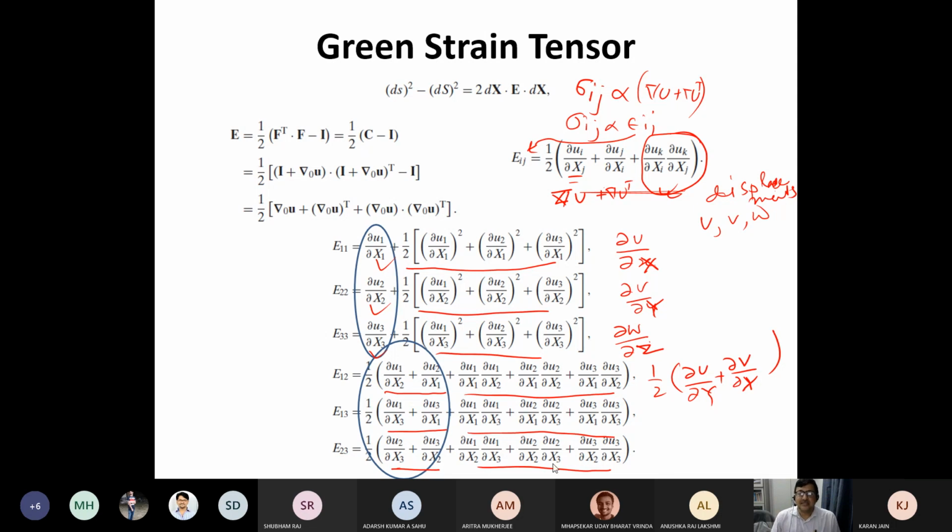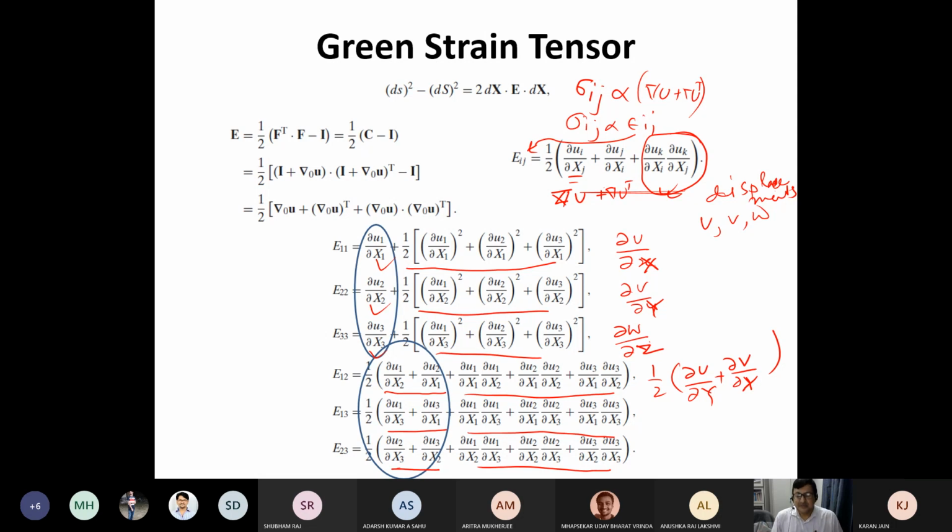So this has all the terms necessary to describe any deformation, small to large. Now, in case of Hooke's law, in case of Newton's law, we get away with this, assuming that this is a small deformation problem. Okay. Now, these terms are called the nonlinear terms.